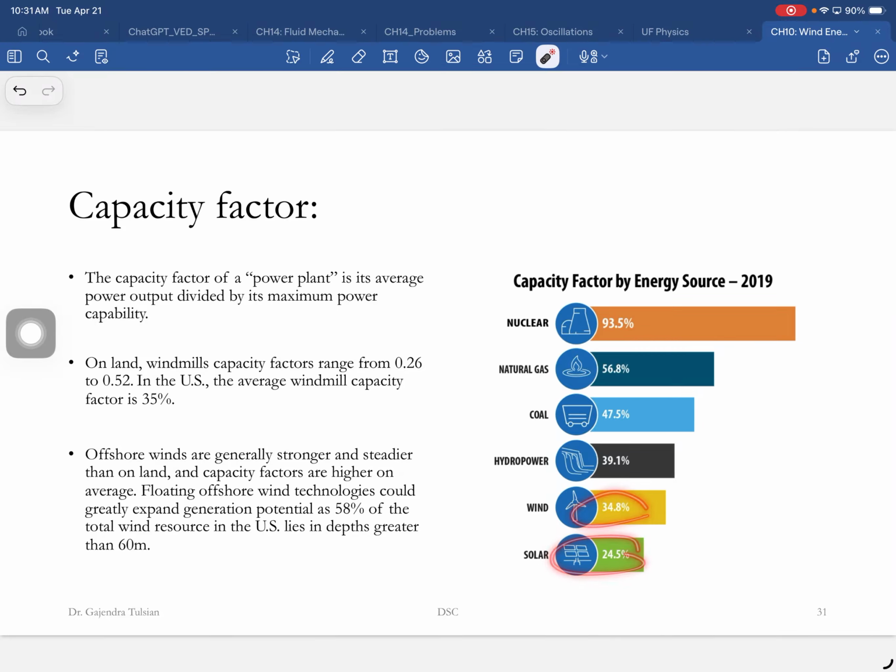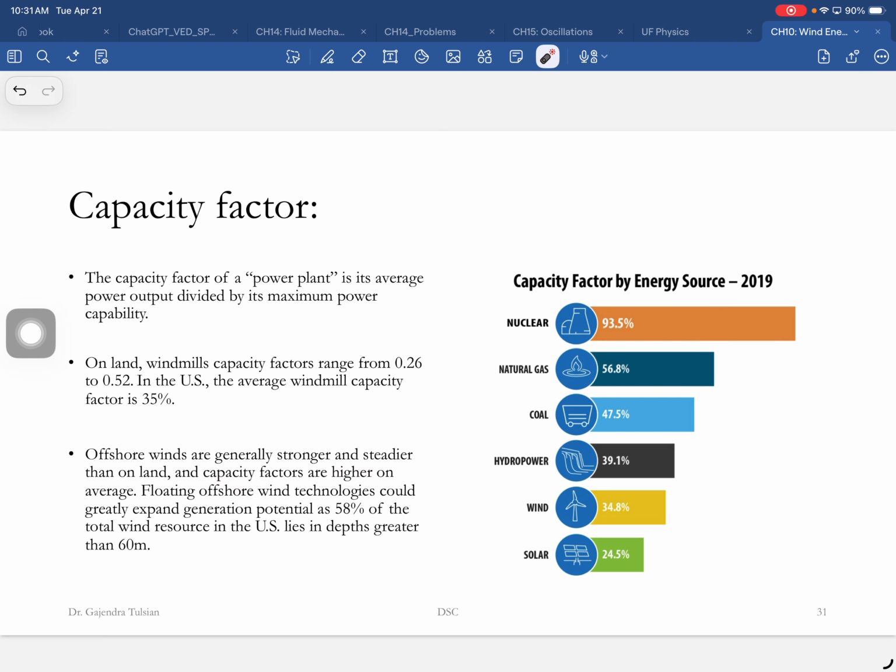On land, windmill capacity factors range from 0.26 to 0.52 depending on the location. In the US, the average windmill capacity is 35%. Offshore winds are generally stronger and steadier than on land, so the capacity factors are higher.